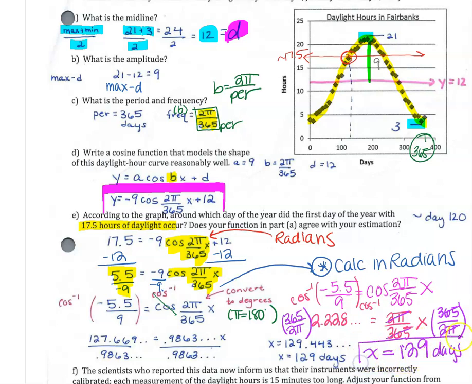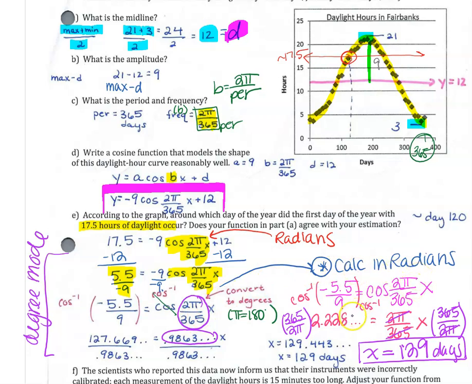The point of this, friends, is to recognize that you either have to convert this right here to degrees if your calculator is in degree mode, or if you don't want to bother with converting, recognize that this is a radian, so change your calculator to radian mode.